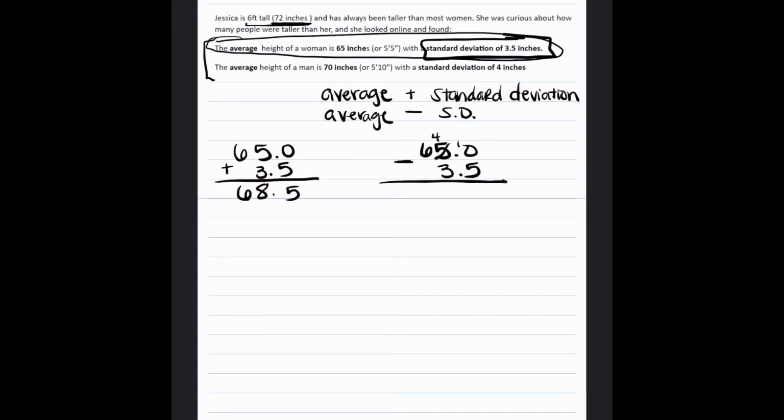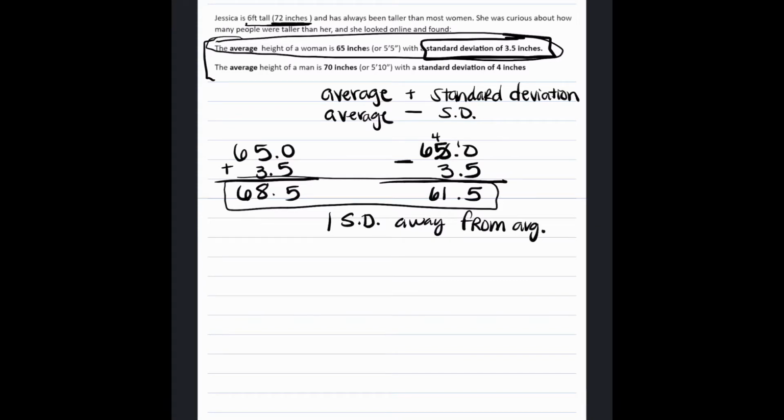That gets me 61.5 or 61 and a half. So these numbers are considered to be one standard deviation away from the average. 61.5 is one standard deviation below the average, whereas 68.5 is one standard deviation above the average.